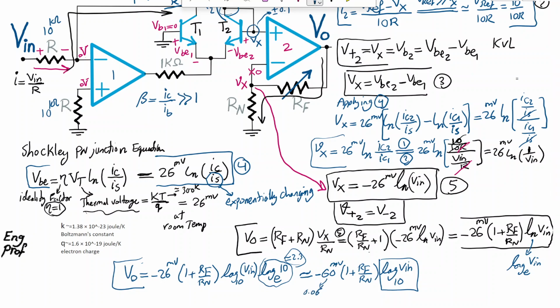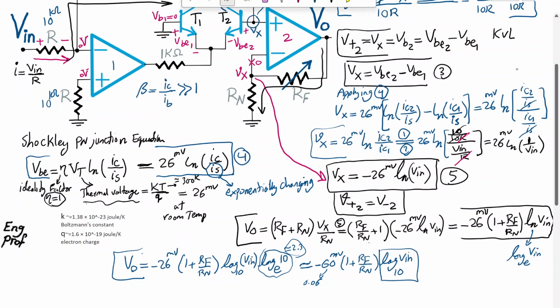So I need to set the gain of the circuit, basically Rf over Rn in this formula, such that this value becomes 1. To achieve that, I need 1 plus Rf over Rn to be about 16.7, or basically I need Rf over Rn to be about 15.7 roughly. So that's it.